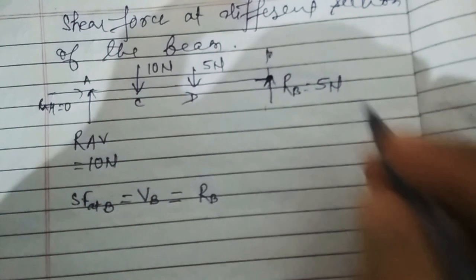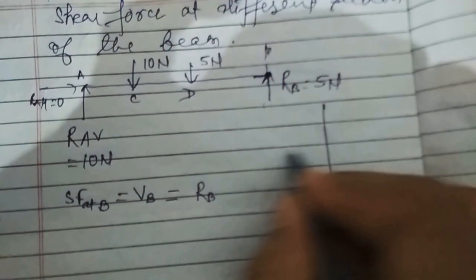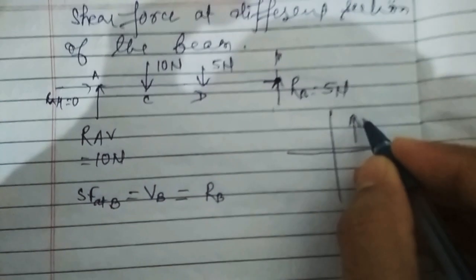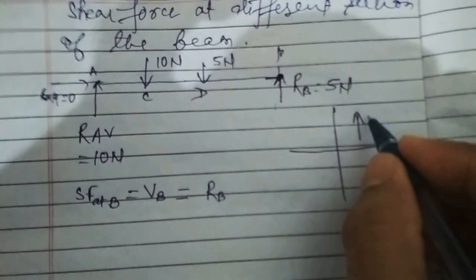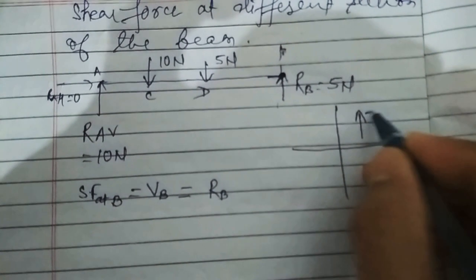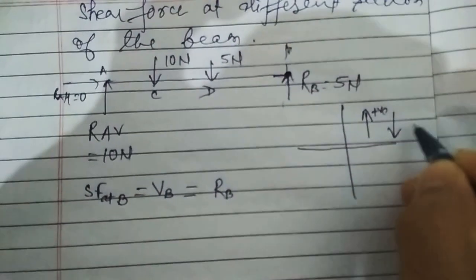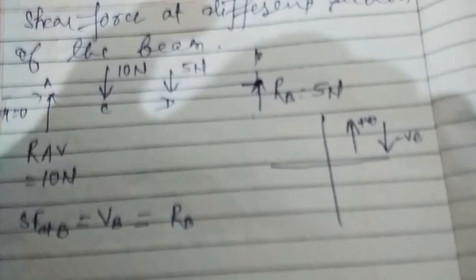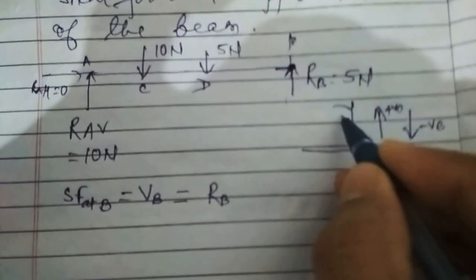Now first we have to assume some sign convention. For this problem, I have assumed upward shear force is positive and downward shear force is negative. This is the sign convention I will follow in this example.